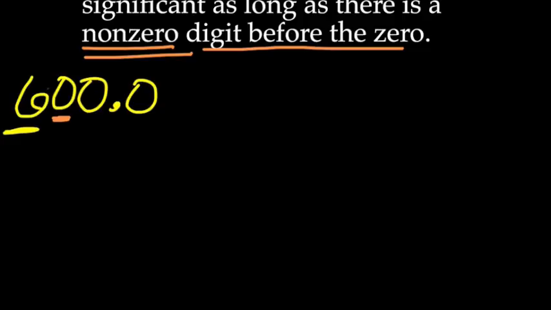Yes. And is there a non-zero digit before the zero? Yes. That zero is significant, as is this one. How about the third one here? It's after a decimal, and there is a non-zero digit somewhere before the zero, so it is also significant. So in total, this number has 4 sig figs.